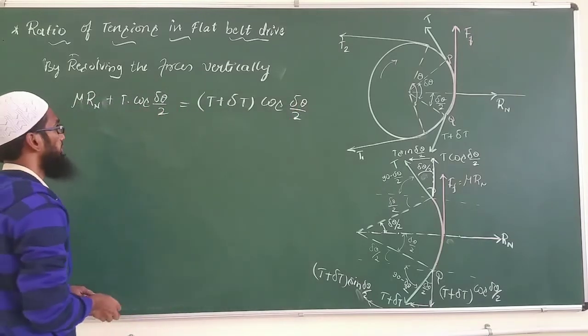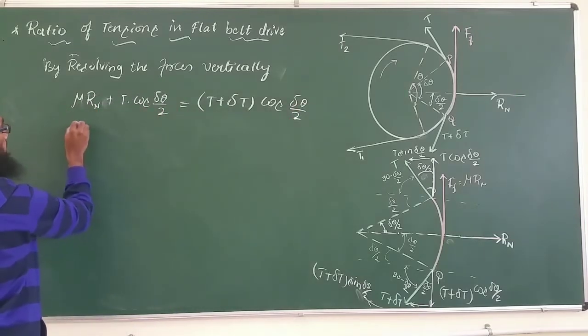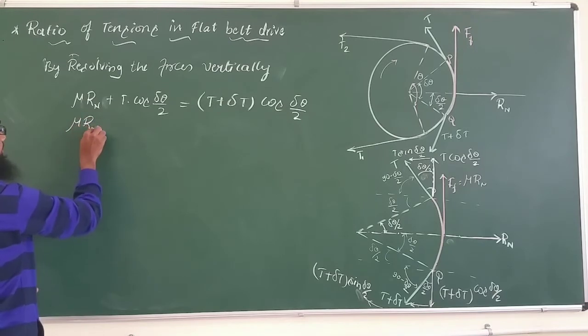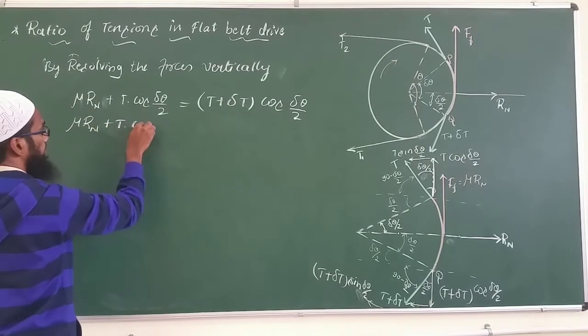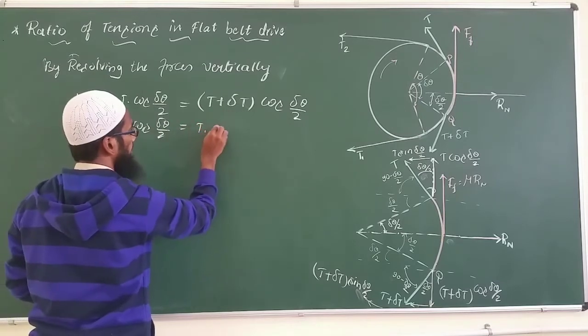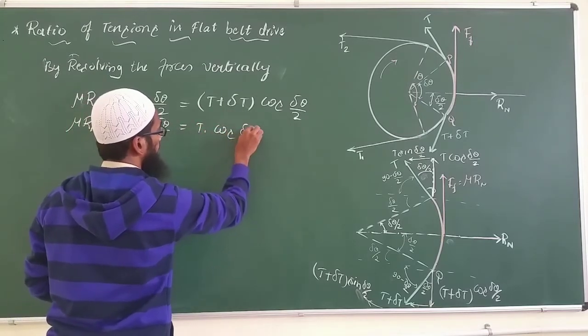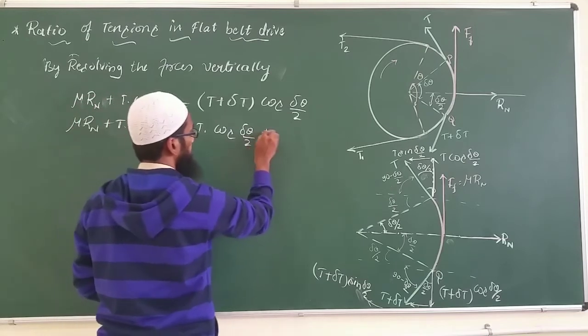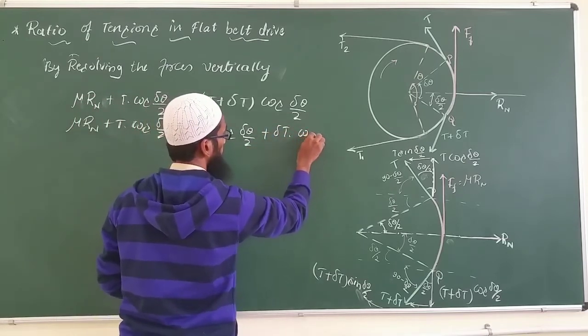Now we simplify this, so this is μRn plus T cos(∂θ/2). We just remove this bracket here: T cos(∂θ/2) plus ∂T cos(∂θ/2).